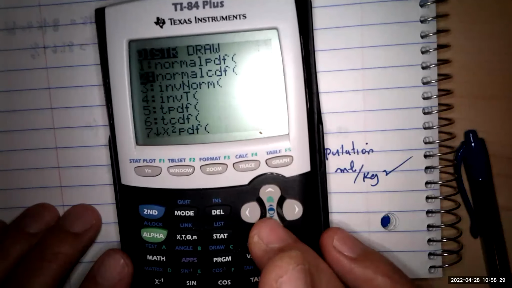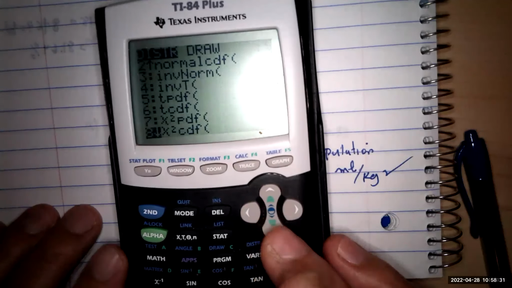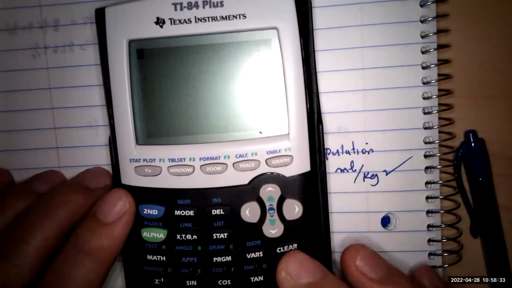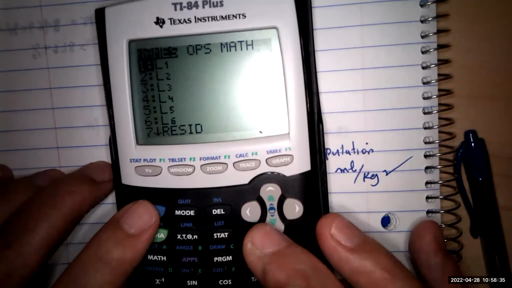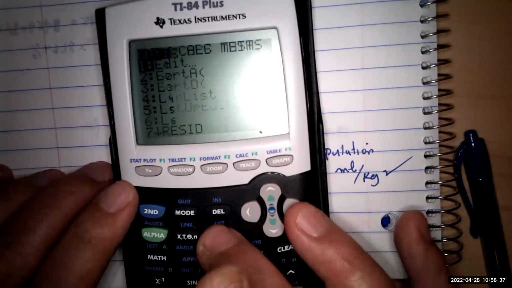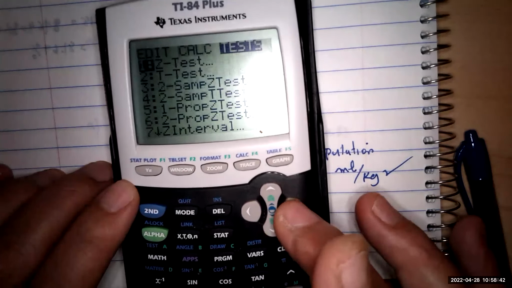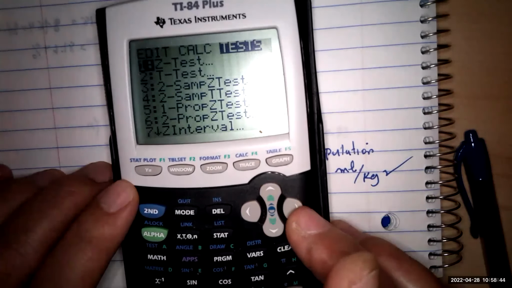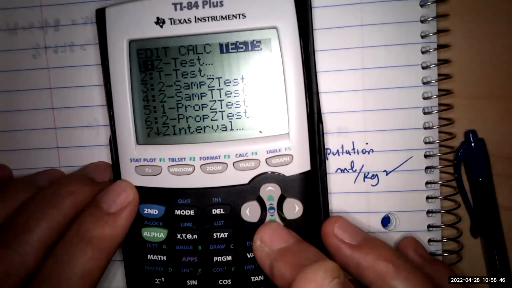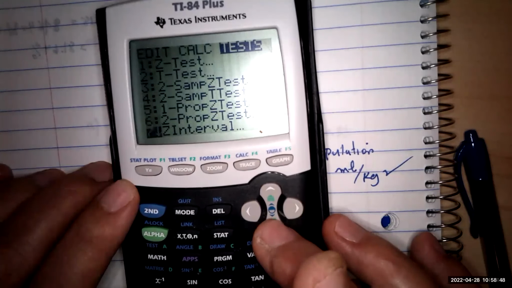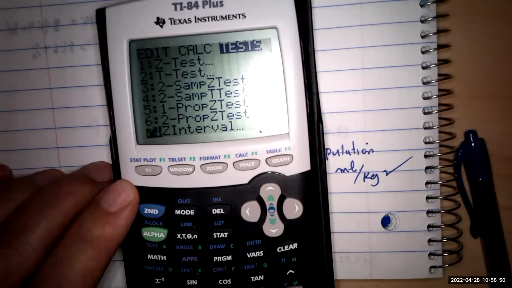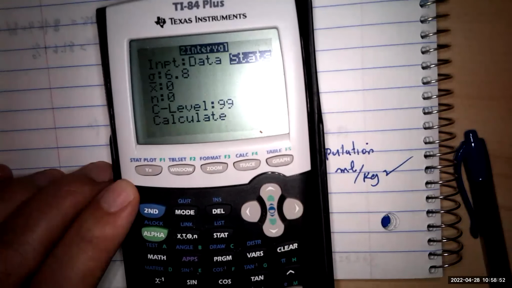We need a Z interval. For the Z interval, we go to second, statistics, then to the test. Z interval is number 7. Then they ask for the information.